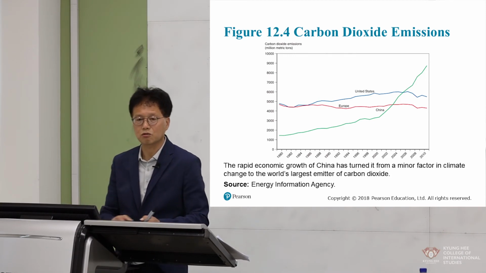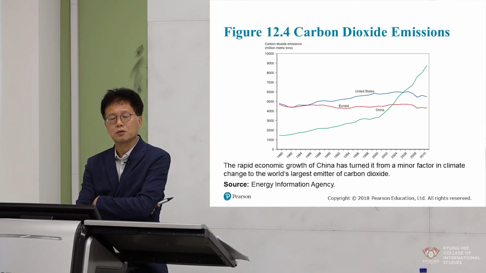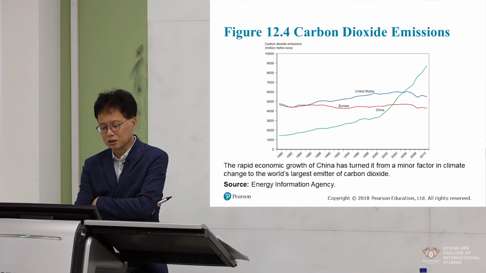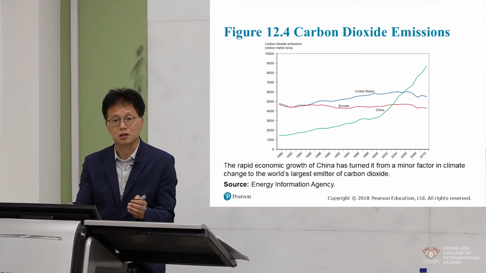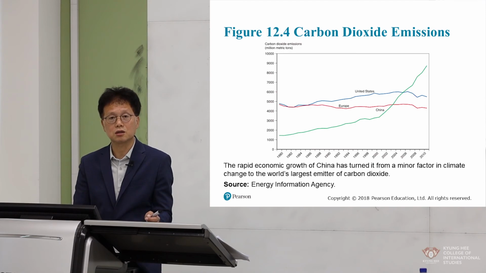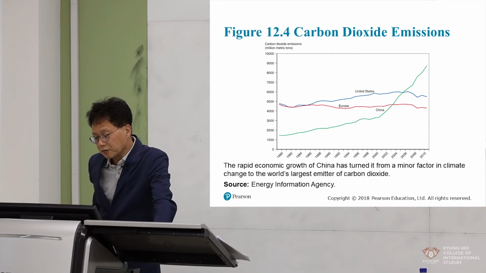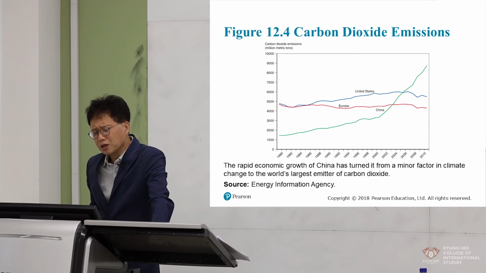That is the background of why the climate agreement in Montreal said only developed countries have to cut their CO2 emissions, and developing countries have no responsibility to take the same measures. But if we look at this figure 12.4, developing countries' contribution to air pollution is really severe.